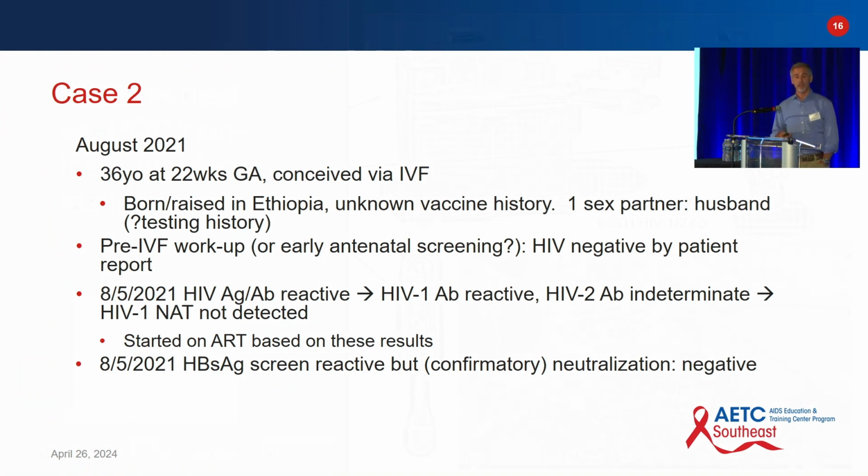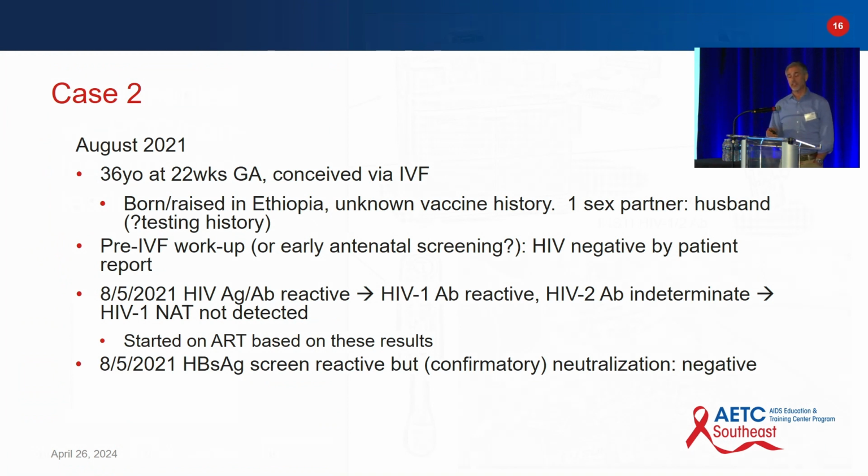She had conceived via IVF. She was born and raised in Ethiopia, and because of that, the caller did not have access to her vaccine history. She reported a single sexual partner and had no information about his HIV testing history.